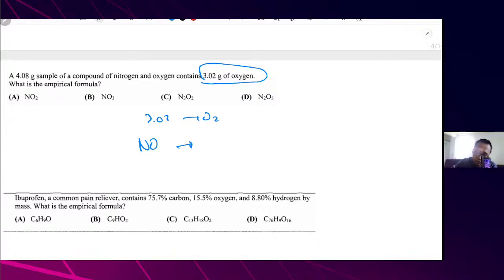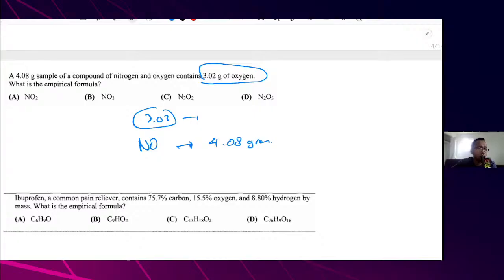The total is 4.08 grams, but it contains 3.02 grams of oxygen. So you have a sample made of nitrogen and oxygen, and 3.02 is oxygen. What is the simplest whole number ratio?